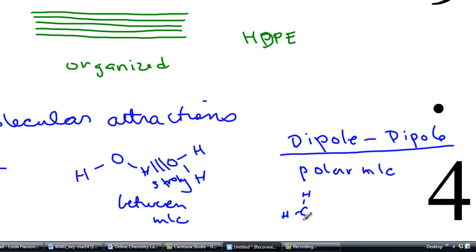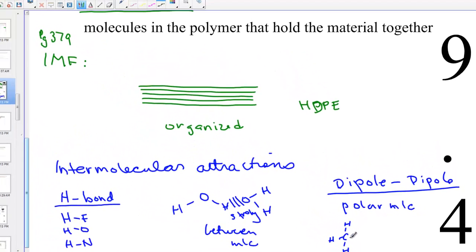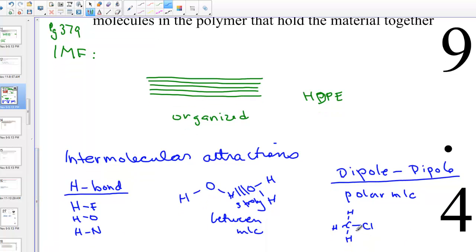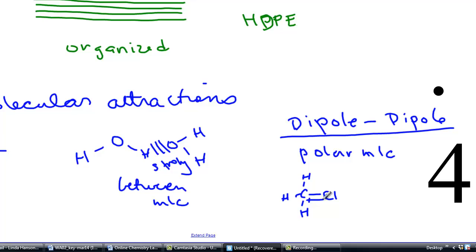If I remember what polarity means, if I take a straight carbon chain of C, H, H, and put on a very electronegative element such as chlorine or fluorine, we know that the electron density gets pulled towards the more electronegative element, and that would create a region that ends up slightly negative and regions that end up slightly positive. This molecule is said to be polar because the electron distribution is being pulled in this general direction, creating this negative region.